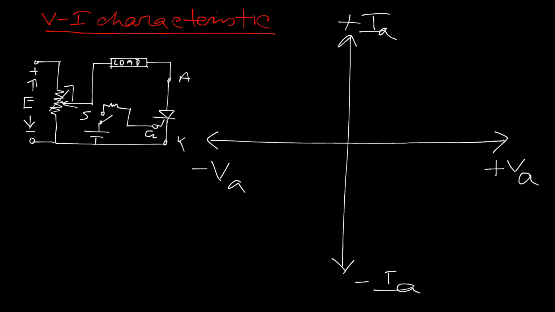Initially we start from 0, that means no voltage is there. Suppose we increase the voltage, then the device is still in blocking state up to this particular region. This is the very small amount of current that is called leakage current, which is actually created due to the presence of the depletion layer across junction J2.